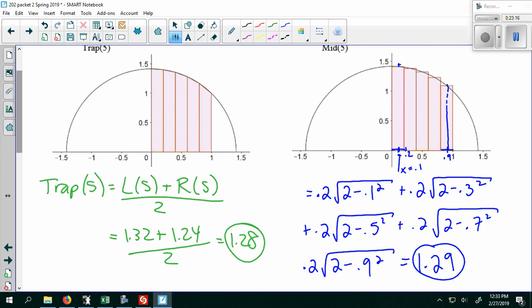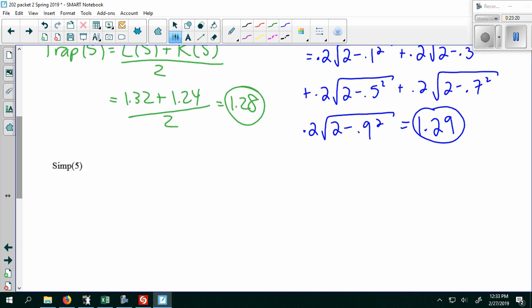And once I have trap and mid, I can calculate Simpson's by doing 2 traps plus a mid over 3. So 2 times trap, which was 1.28, plus a mid, which is 1.29.